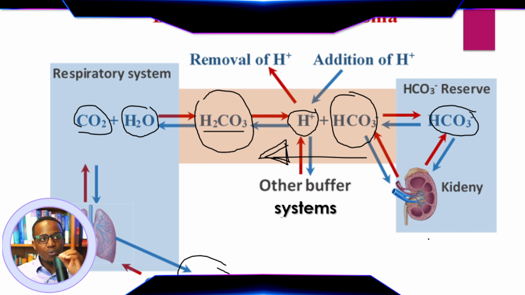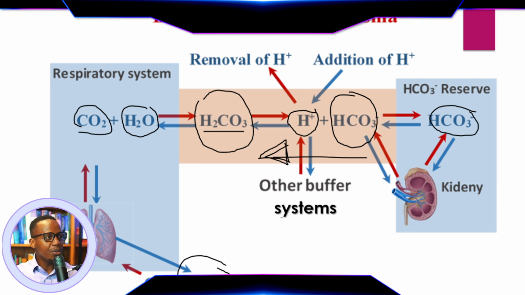It's going to make it go forward so that we can make more H plus. It's very incredible. This is just really cool how you can do that. You can just change the equilibrium of your carbonic acid buffer system by just breathing very, very fast.